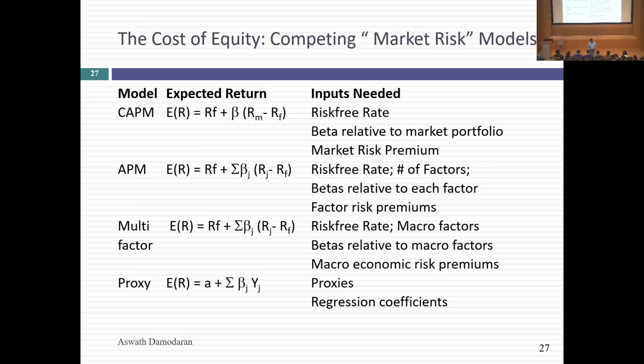Could that get you into trouble sometimes? Are there companies out there where the marginal investor is not diversified? We're going to talk about valuing private businesses. Private businesses are held by a single owner. That single owner is almost never diversified. Why? How can they afford to be diversified? You're a doctor, you own your practice, your entire wealth is tied up in the practice.